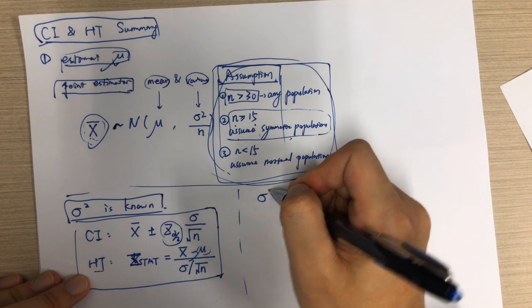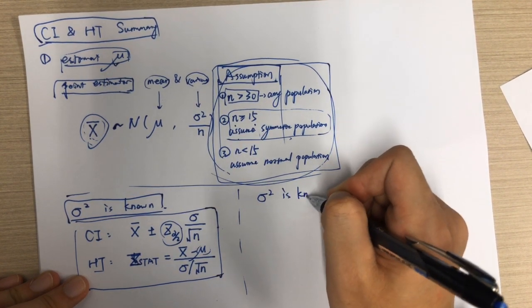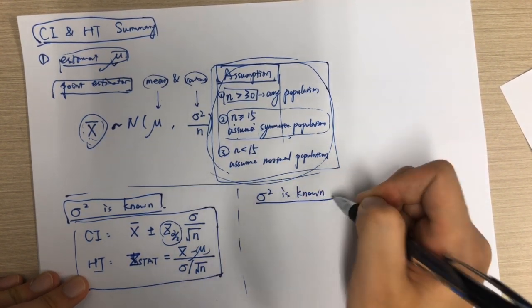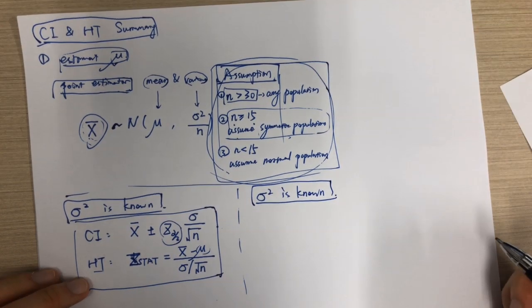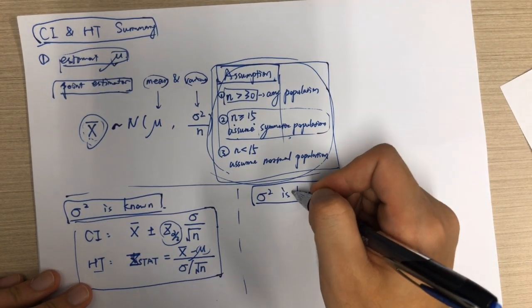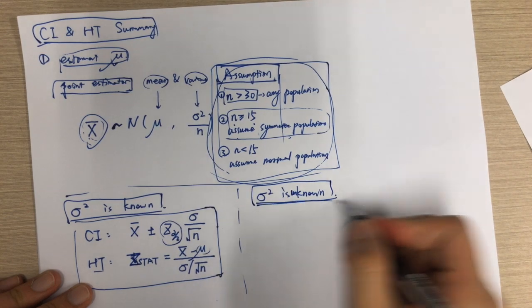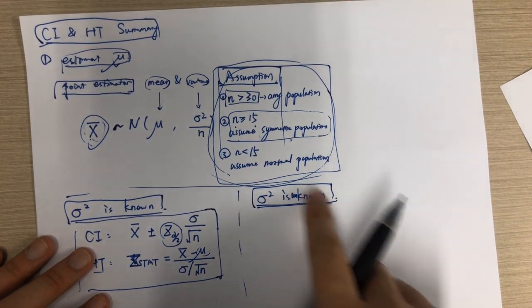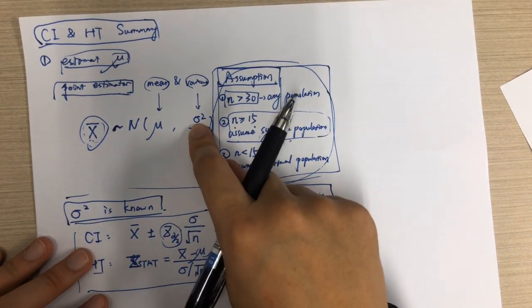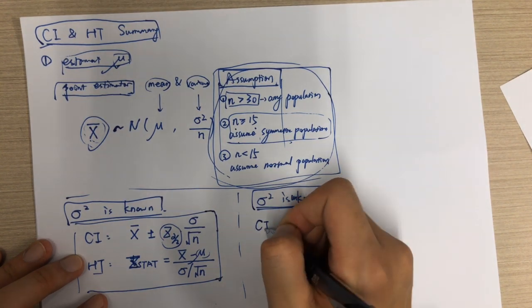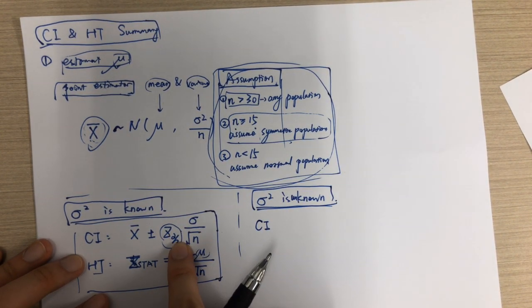However, when sigma squared is unknown, we no longer know the sigma value. So instead of using the z distribution, we use the t distribution.